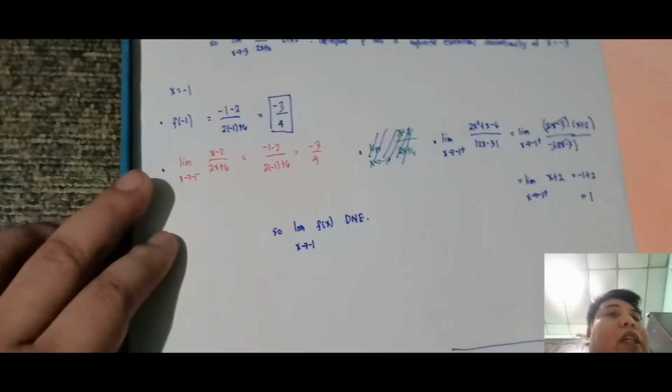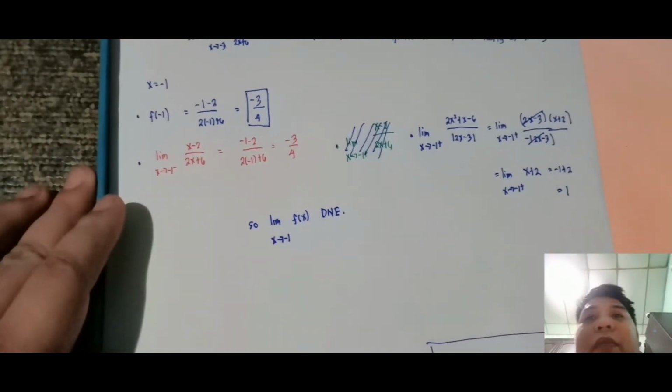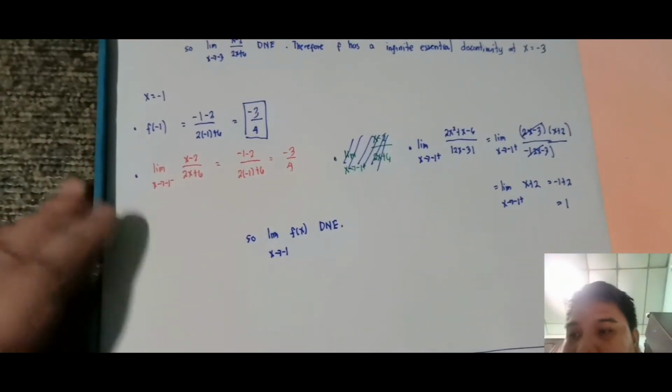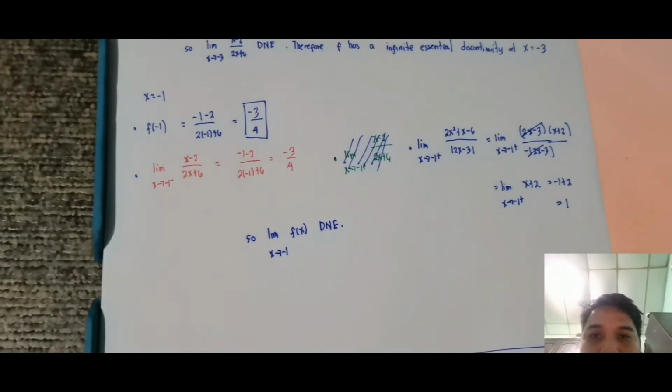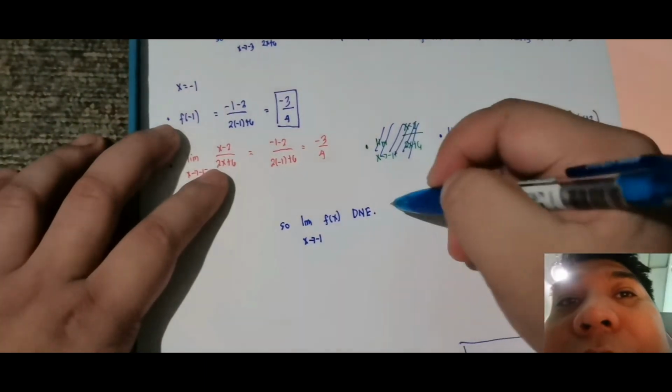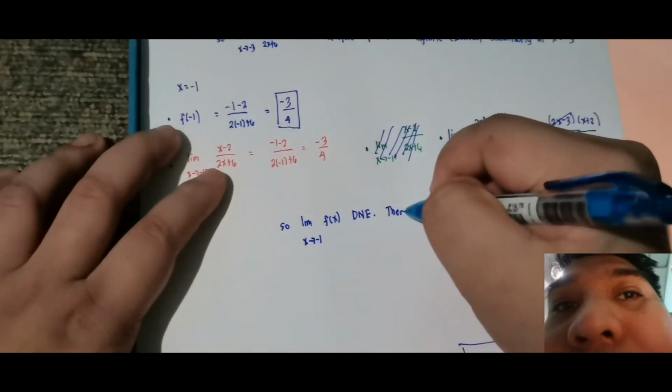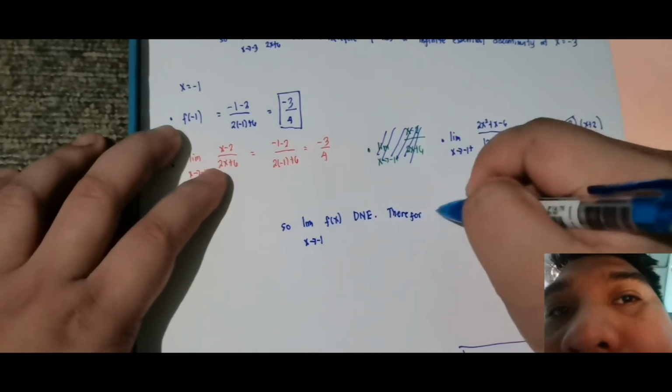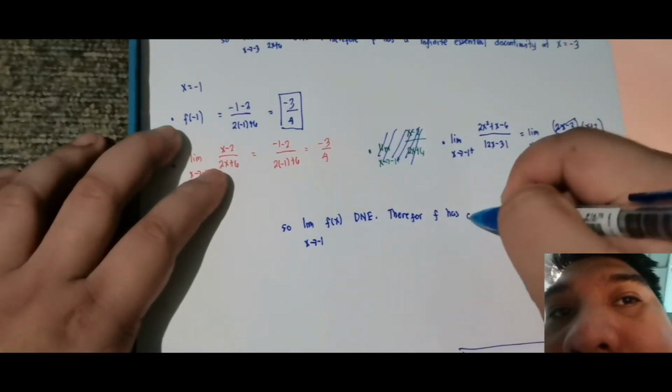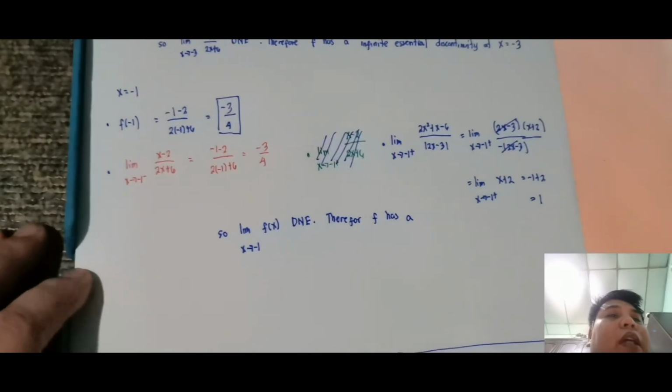Okay? Since hindi nag-exist, tapos ano nangyari? Ang nangyari, hindi equal yung left and right. Since hindi equal yung left and right limit natin, therefore, f has a, ano tawag doon pag hindi equal left and right?